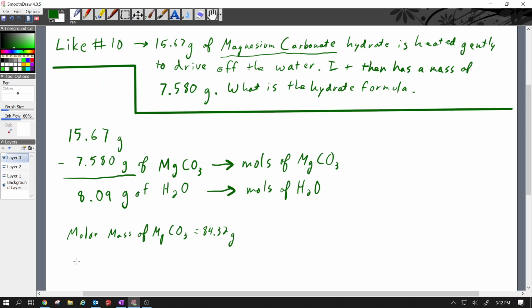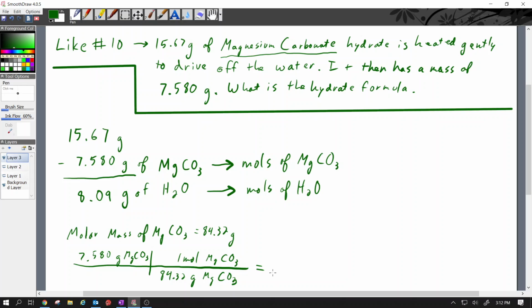So then I will take 7.580 grams of magnesium carbonate and divide by 84.32 grams of magnesium carbonate in 1 mole of magnesium carbonate.